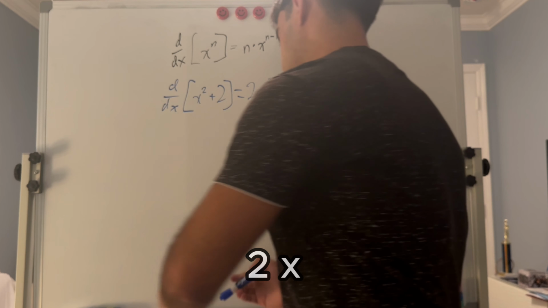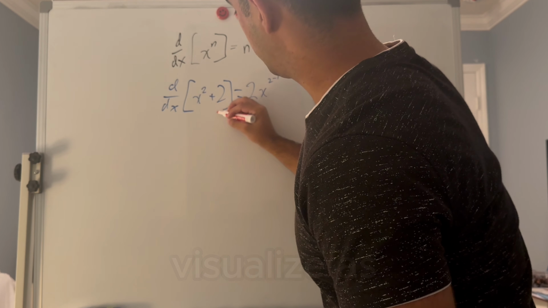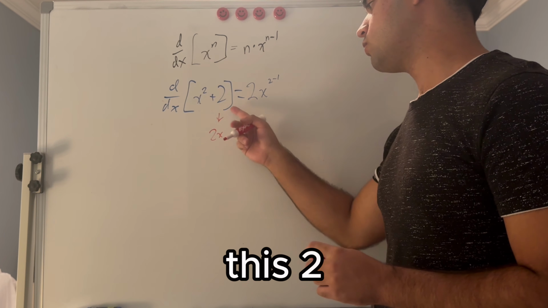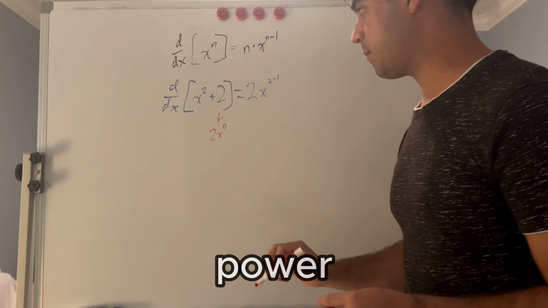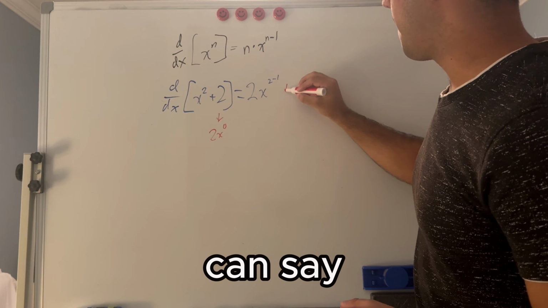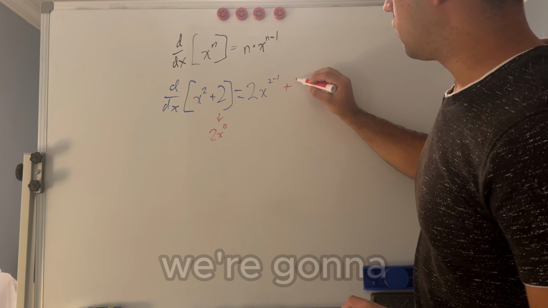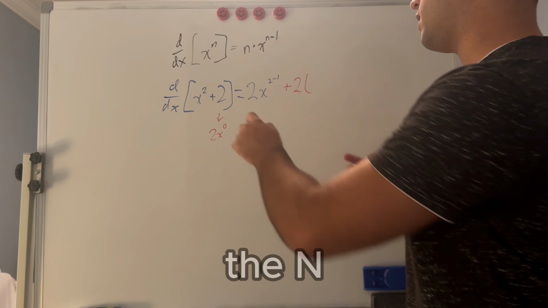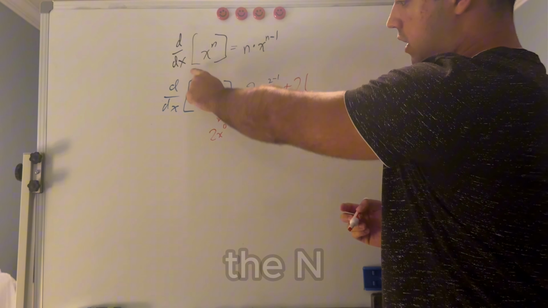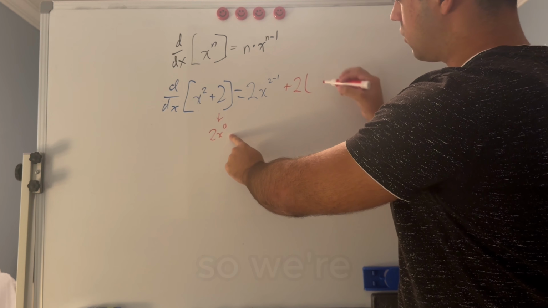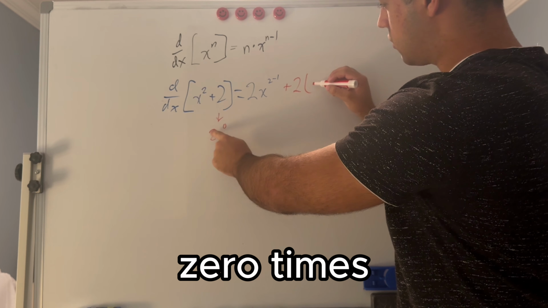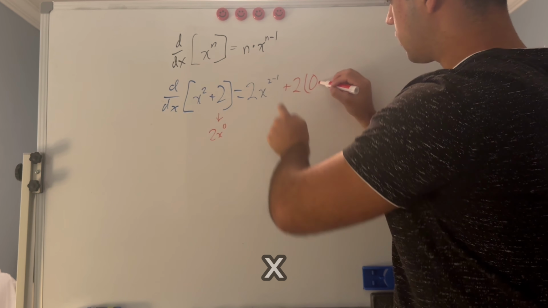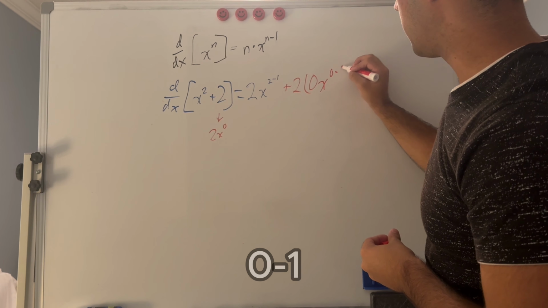Now this 2 you can visualize as 2x to the 0th power. So we can say plus, we're going to have 2 times, now we're going to drop the n, so we get 0 times 2, and then x to the 0 minus 1.